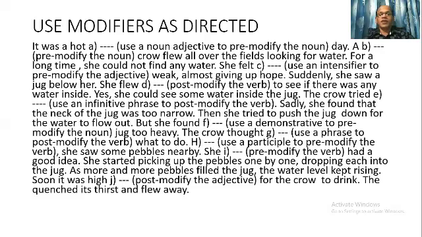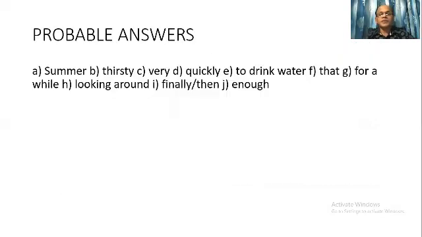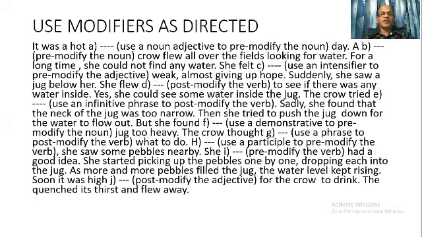Dash, post modify the verb to see if there was any water inside. She flew. How did she fly? Flew. How? Quickly is an adverb, you see. Quickly is an adverb. So it modifies the verb.